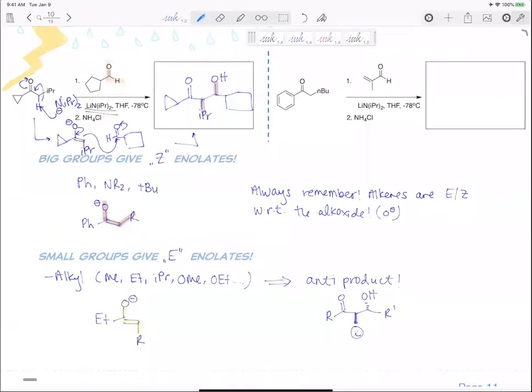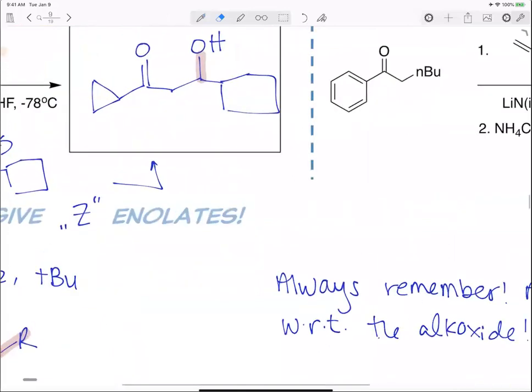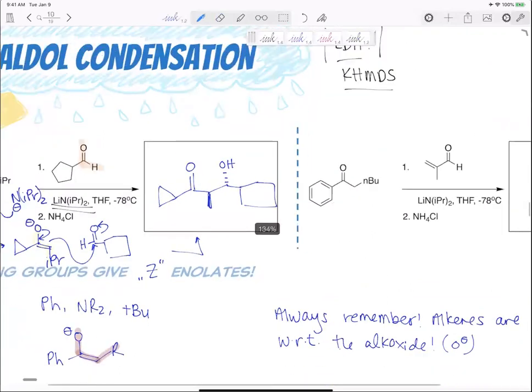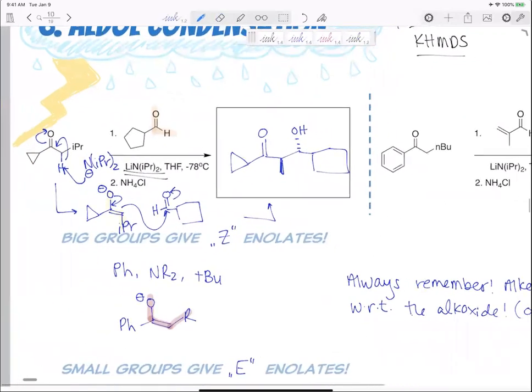So this cyclopropane is considered pretty much a small group. So what do small groups give us? The anti-product, right? So, yep, through the E enolate, we get the anti-product. So what we have here would be isopropyl.